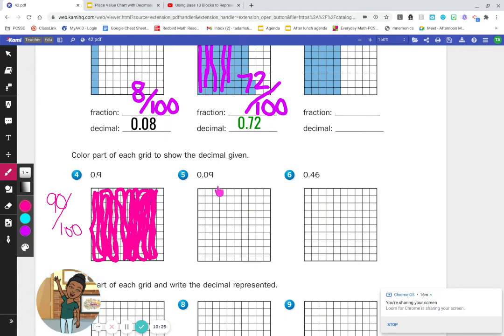What will we color? Yes, we are only going to color 9 of our cubes. Now, how can I represent that as a fraction? It's 9. That's the amount that's shaded over 100.